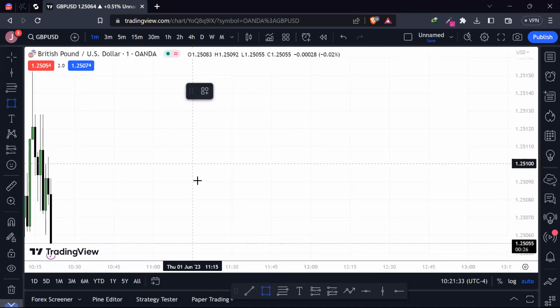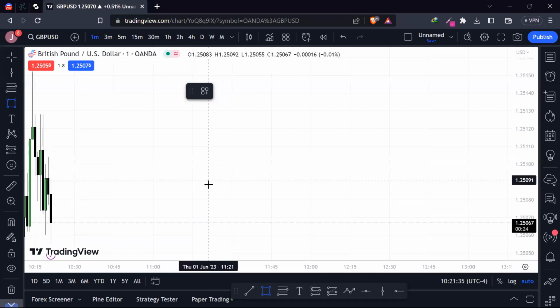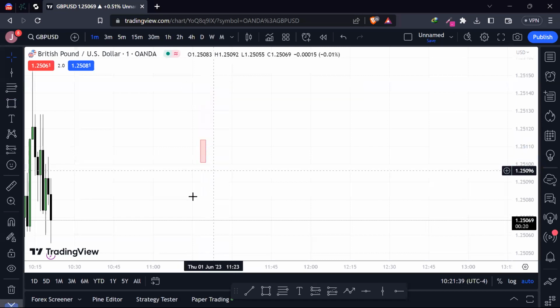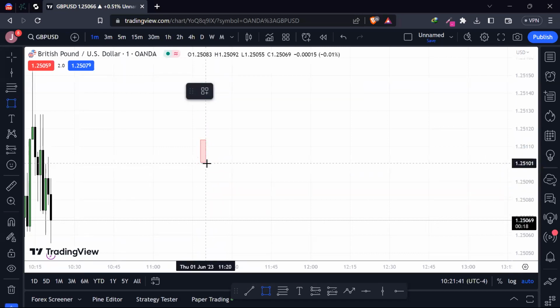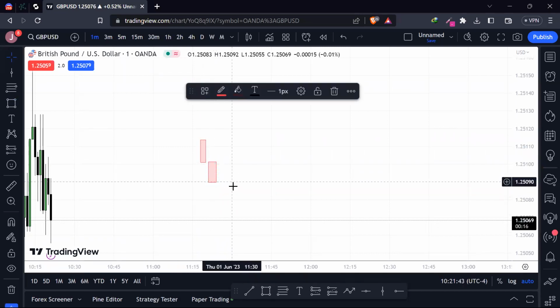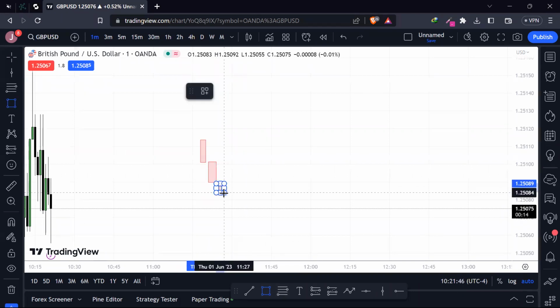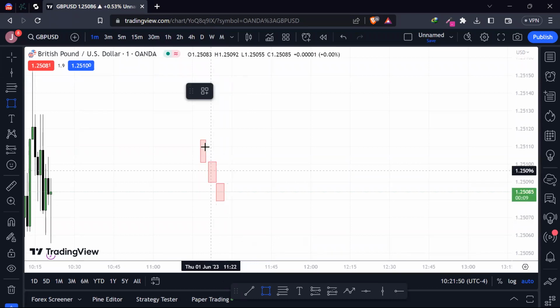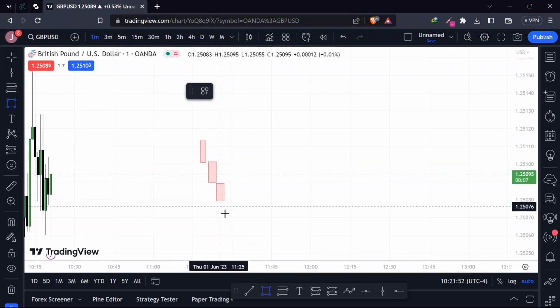So the fair value gap is when a candle, this one is a candle, there's a different candle, and another candle. Imagine these all are bearish candles.